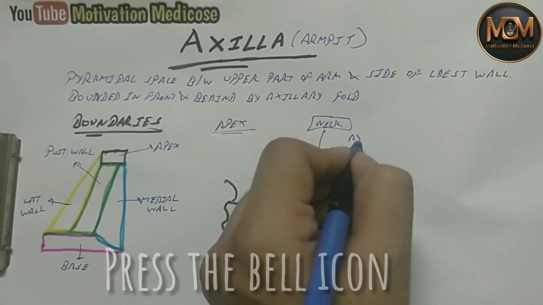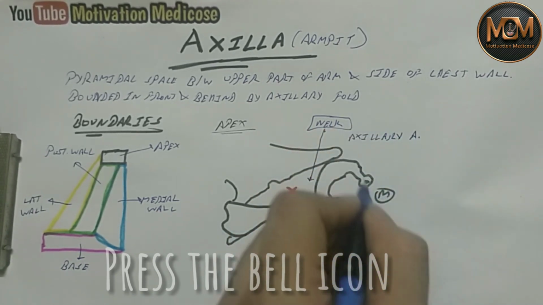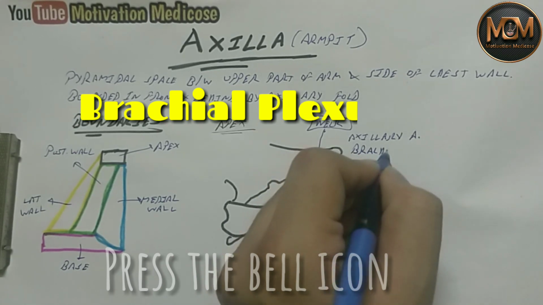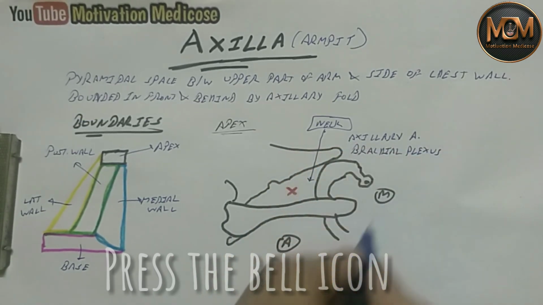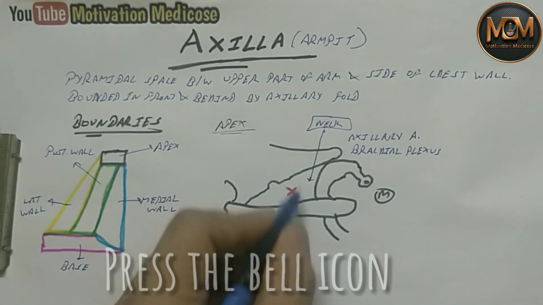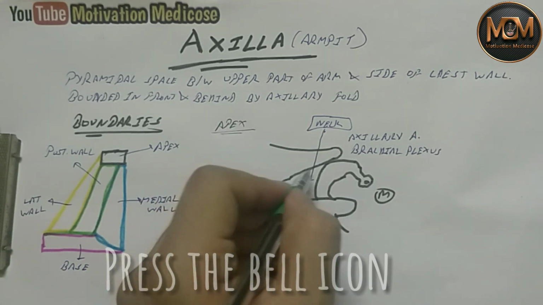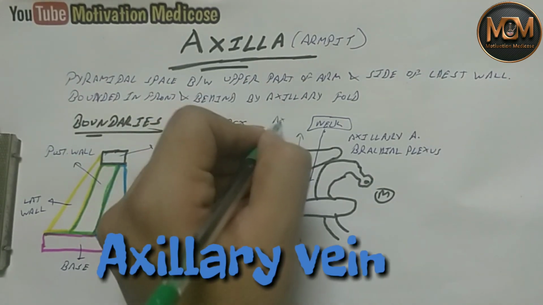And the structure which will come out from this region and go to the neck will be the axillary vein.